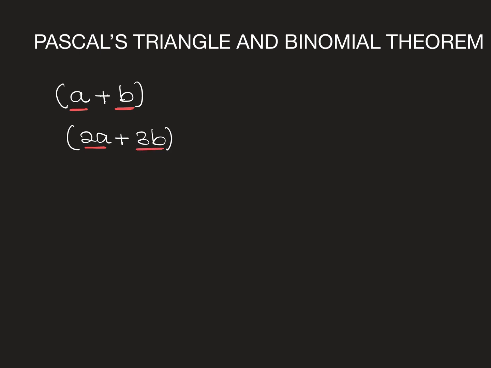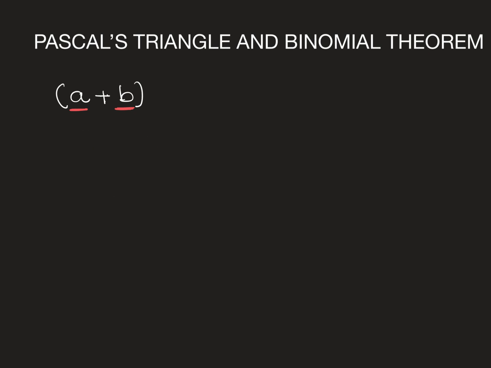Now, if this expression should exist in powers, let's say A plus B to the power 5, trying to expand this is what we call binomial expansion.